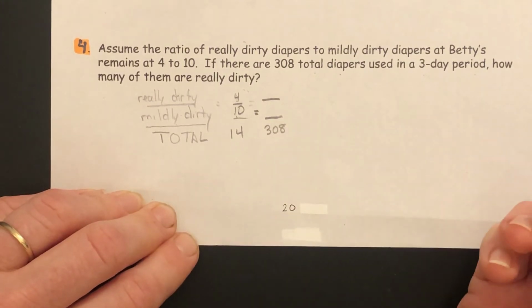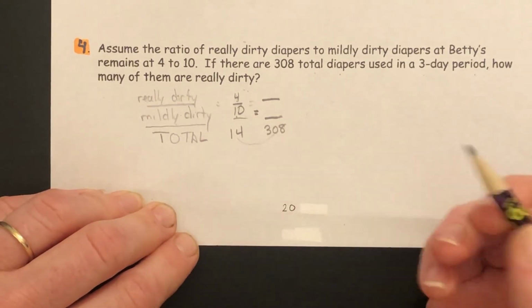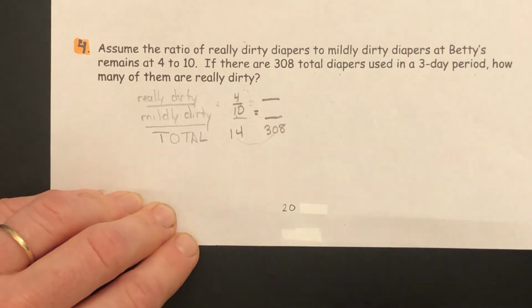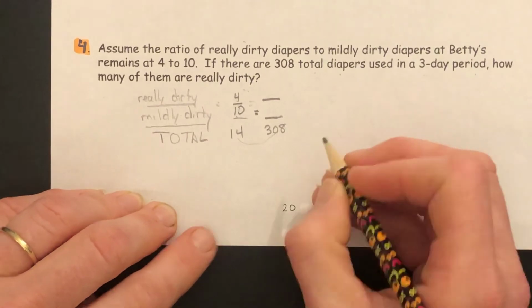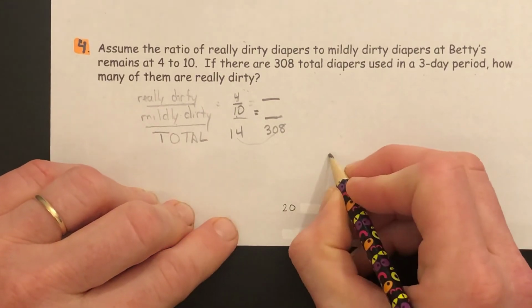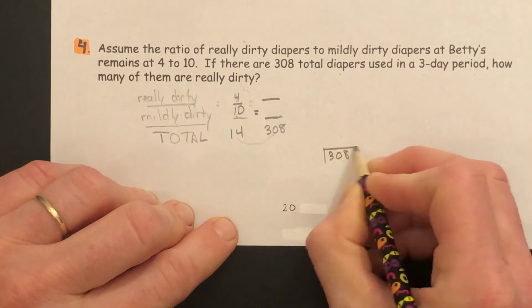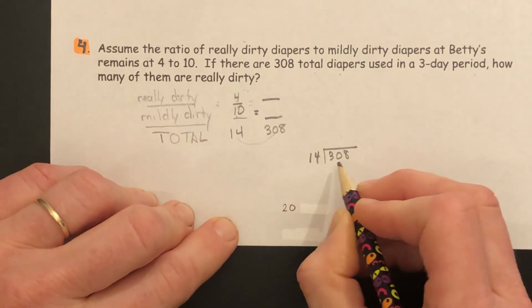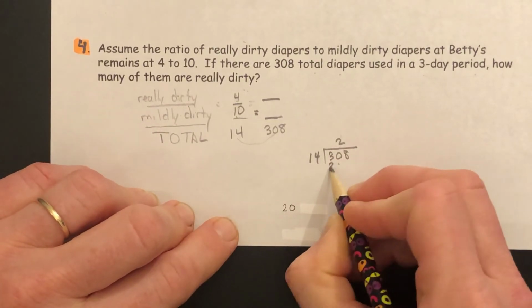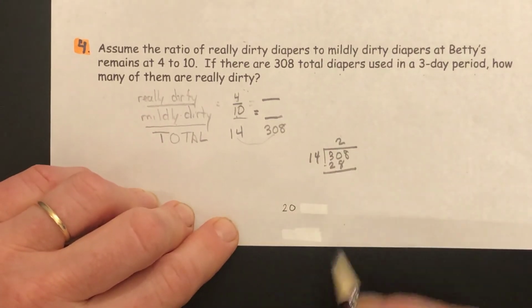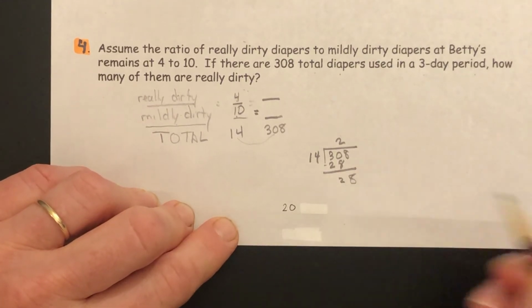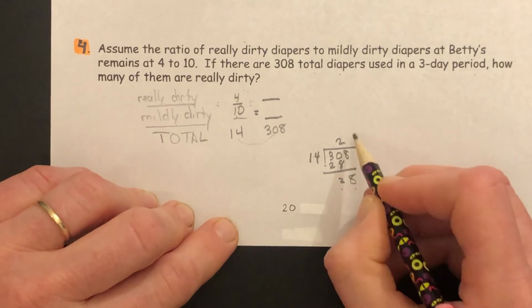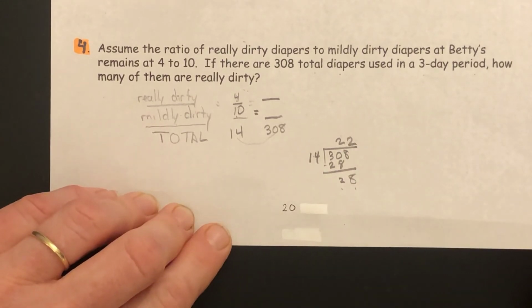So we've got to go from 14 to 308. And I happen to know that 14 does go into 308 because I already divided it out. So 308 divided by 14. 14 goes into 30 2 times because it goes into 28. 30 minus 28 is 2. Bring down the 8. 14 goes into 28 twice.